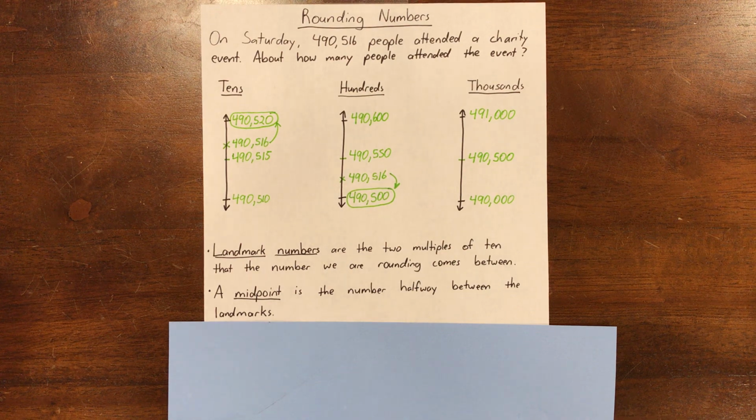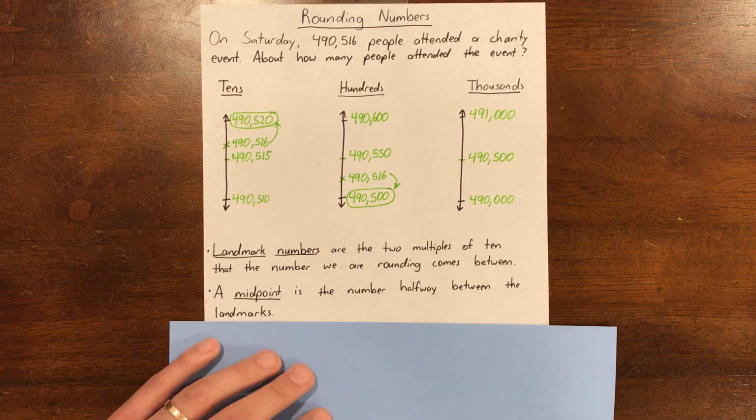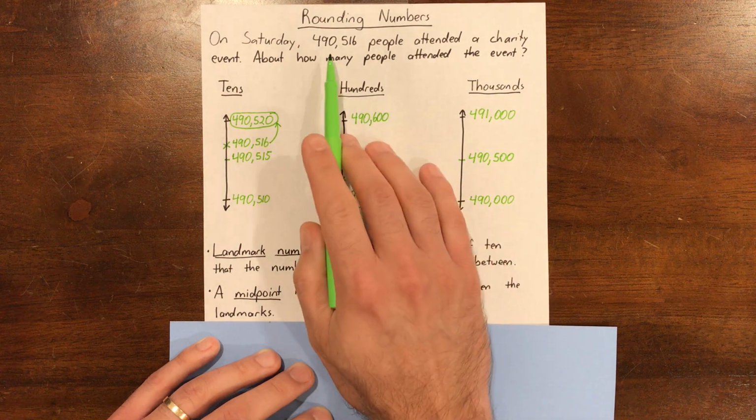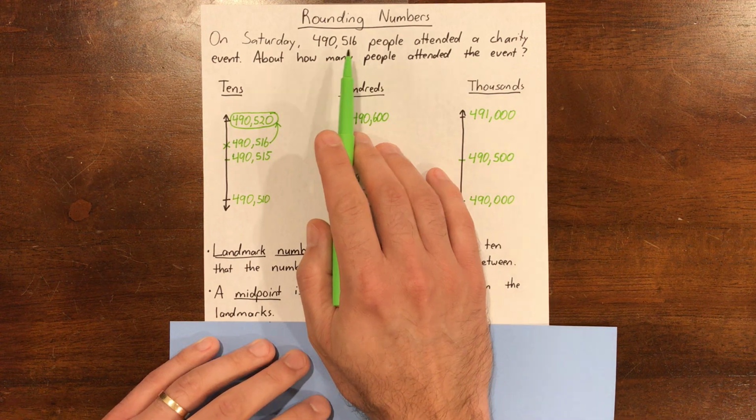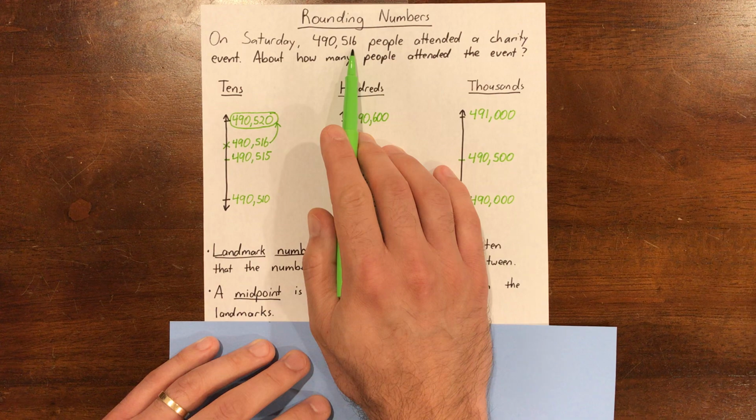Awesome. And where would you put 490,516 on this number line? And how do you know? Go ahead and say it out loud. Yeah, just like before, we're going to look at the digits in the place that we're rounding to and the places that come before. So we can see that we have 500s and some more.